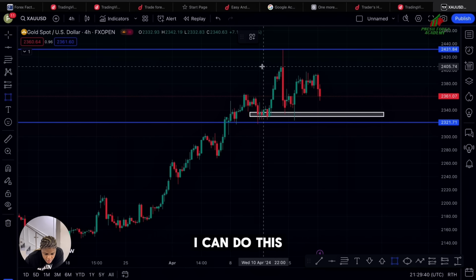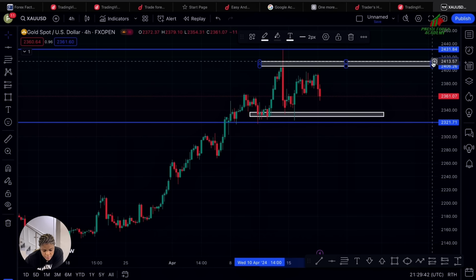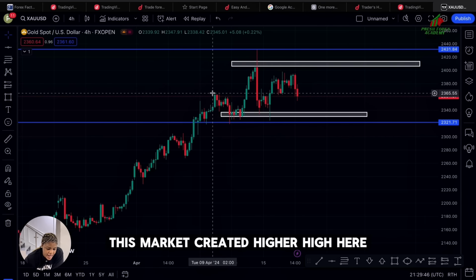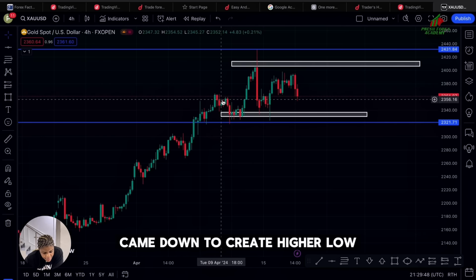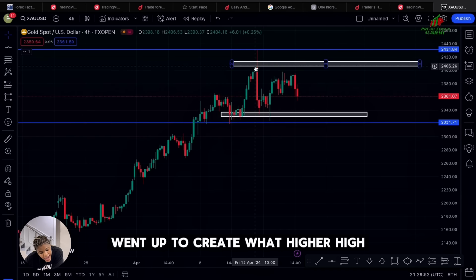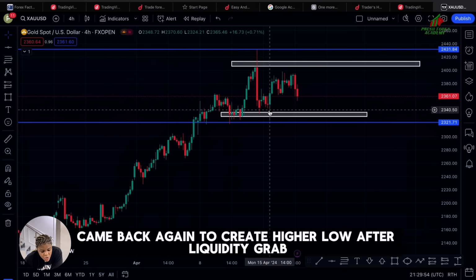So look at something now. This market created a higher high here, came down to create a higher low, went up to create what? Higher high, came back again to create a higher low after the liquidity grab.